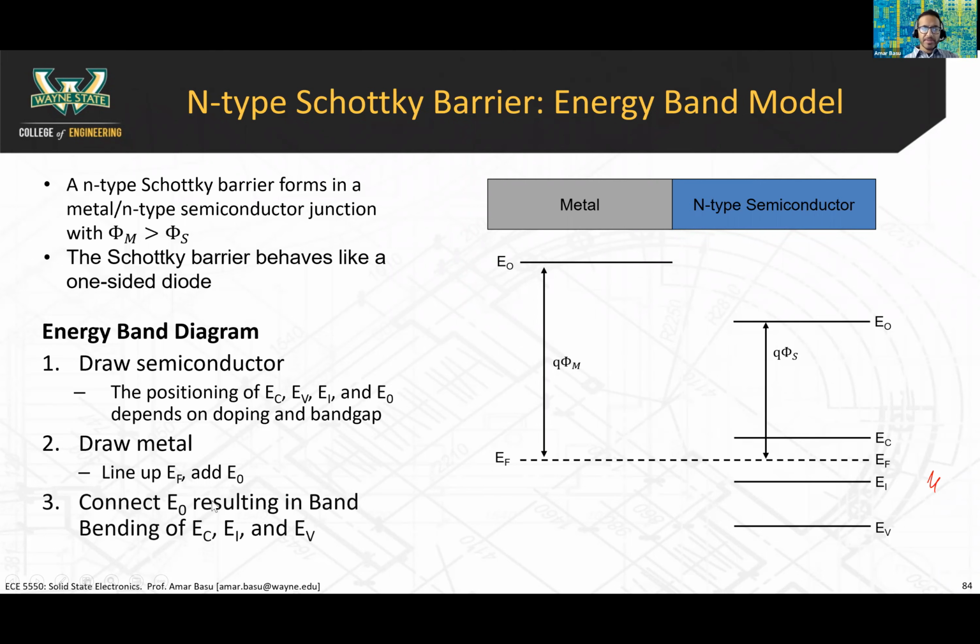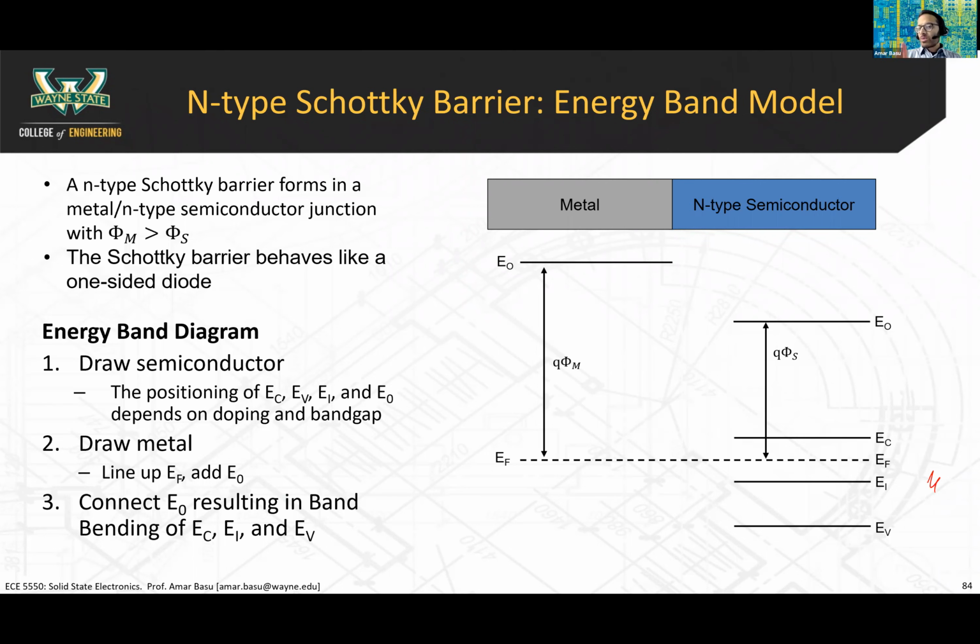Now, step 3 is we have to connect the band diagrams together just like we did with the diode. In the case of the diode, we connected the conduction bands, EC. We also connected the valence band, EV. But a metal doesn't have EC and EV.